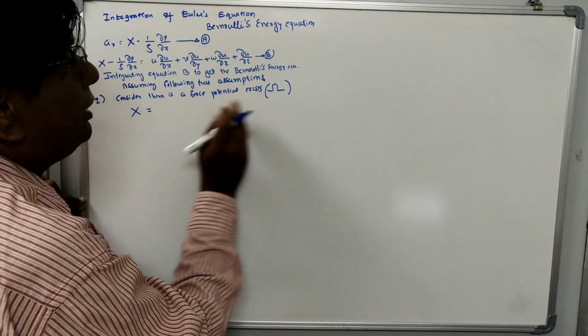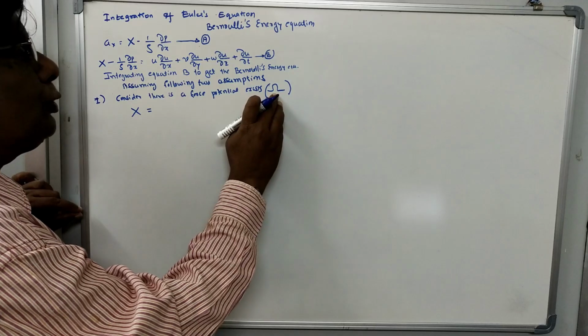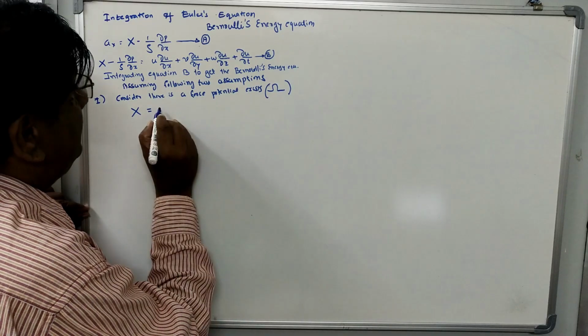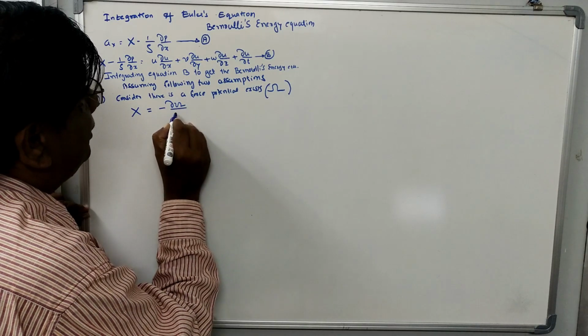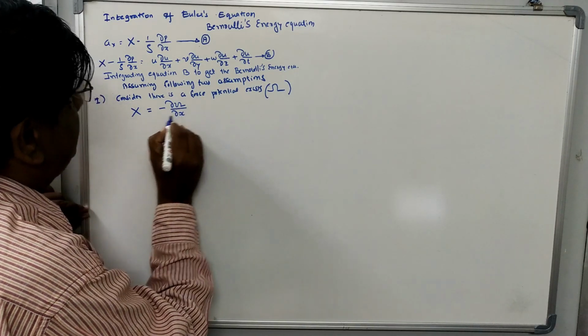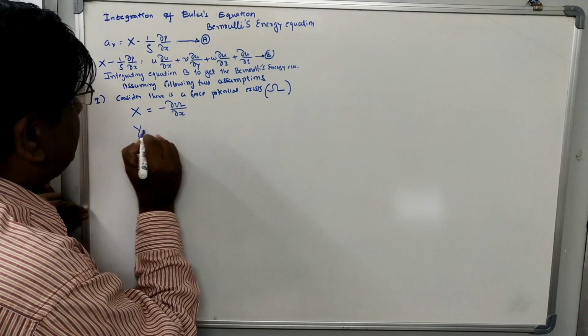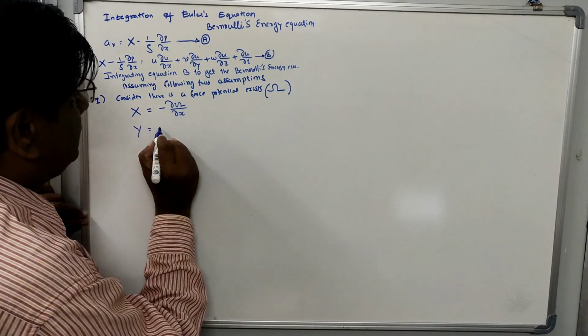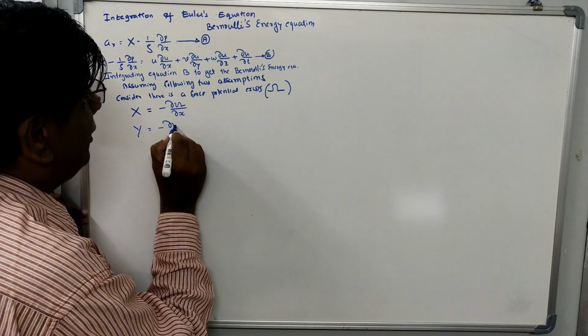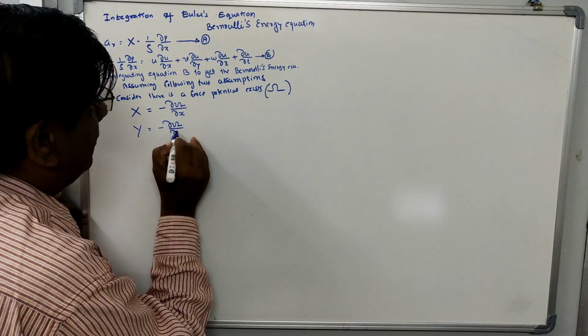This is equal to minus ∂ force potential by ∂x. Similarly, Y is the body force per unit mass in y direction, so this is minus ∂ force potential by ∂y.